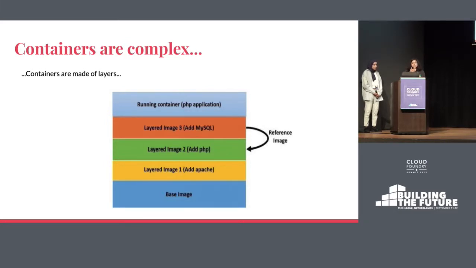Each of these is an instruction in a Dockerfile. And this is what makes Docker really efficient. I'm just using Docker as an example of a container type. There are others. But this is why they're efficient, because you can cache these layers. But when you look at this from a license compliance view, this is actually a nightmare.